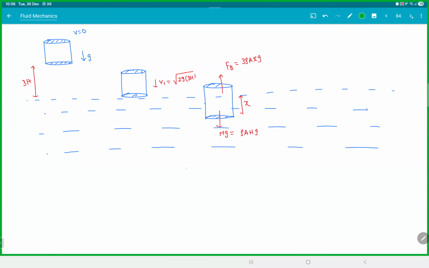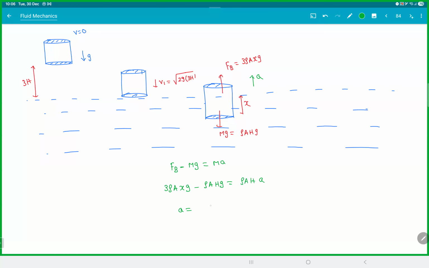That means the acceleration here will be upward actually. So because of this, you will have a deceleration in the upward direction, which is FB minus mg equal to mass into acceleration: 3 rho A x g minus rho A h g is equal to m, which is rho A h, into acceleration. Rho A will cancel everywhere.